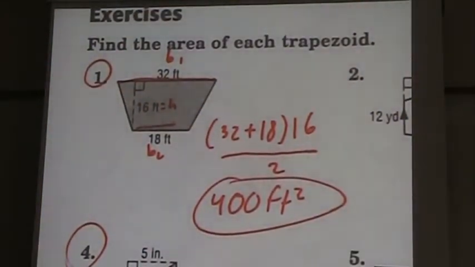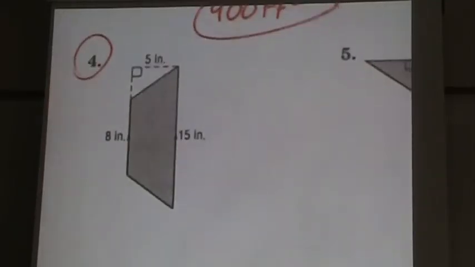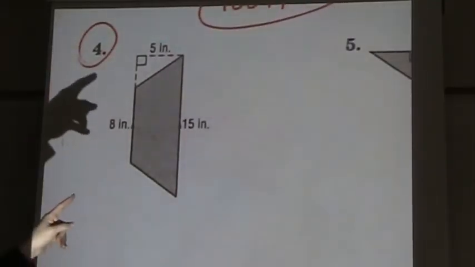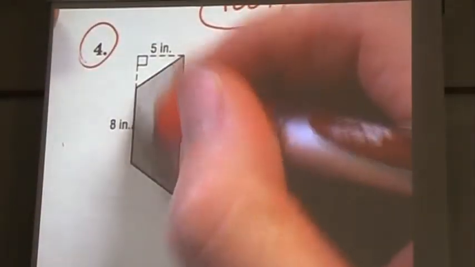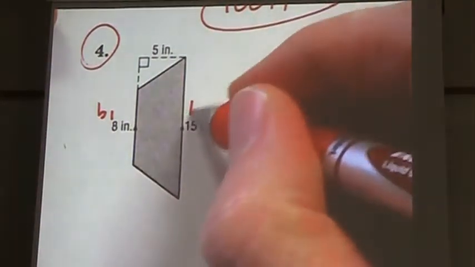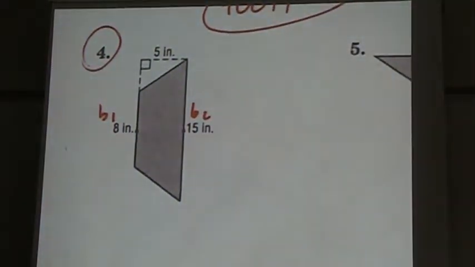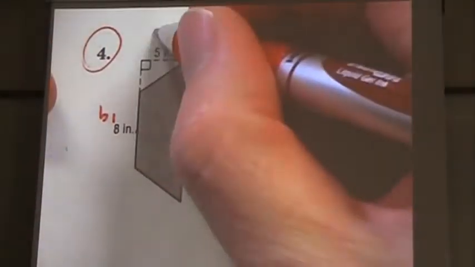I would recommend doing these problems with your notes right next to you so you can identify what formula you're going to use. Because if you mess up on the formula, you're going to get the wrong answer. Number 4. So we've got this trapezoid kind of on its side. So base 1 is now over here, base 2, and again, we could flip-flop those, it doesn't really matter. But the height is the distance between your bases, okay?